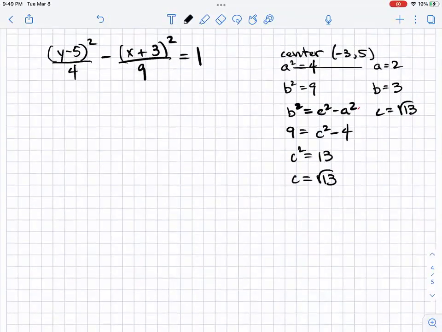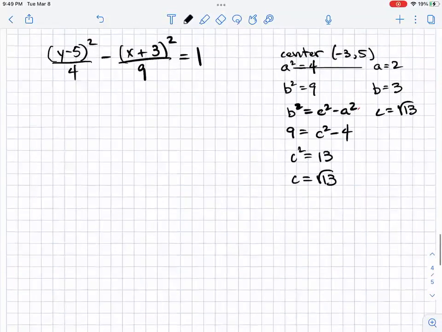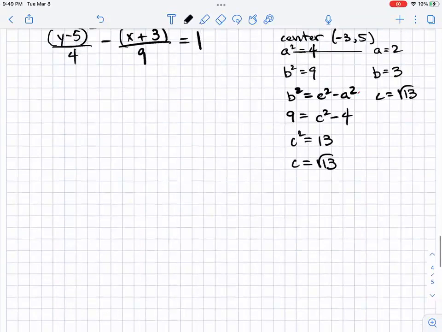Now you can do the graph, putting your X and Y axis in. I like to start at the center and build my axis from that. If you're limited on space or you're using a certain section, you can put the center right in the middle. And so that makes it -3, +5, and then put in my axes from that.